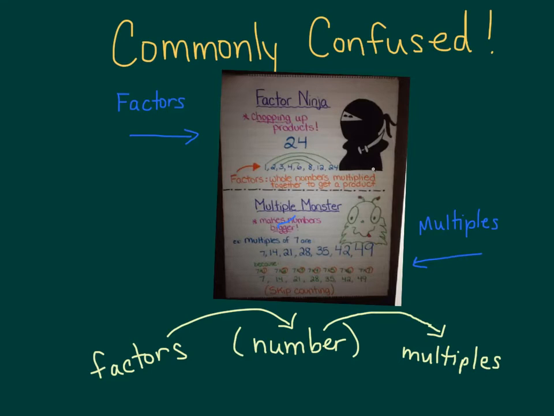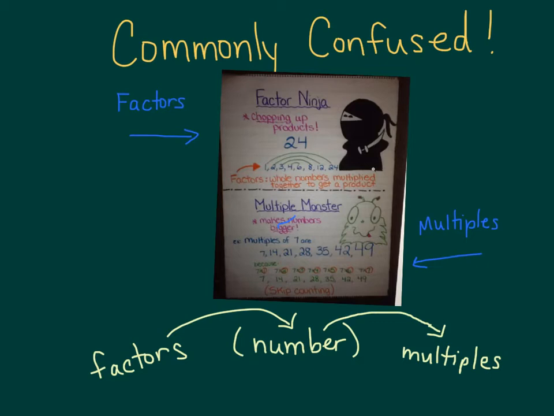As we've been talking about factors and now we're starting to talk about multiples, these two can get confused pretty easily. So this is just a fun little visual. You do not have to draw the chart if you don't want to, but you might want to make a quick note about the difference between factors versus multiples. Any number that you're starting with, factors are all the numbers that can go into that number.